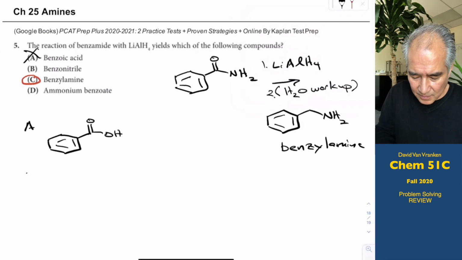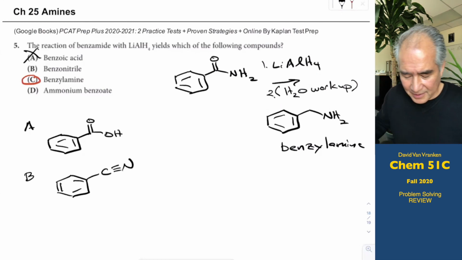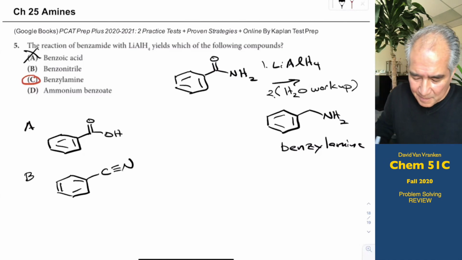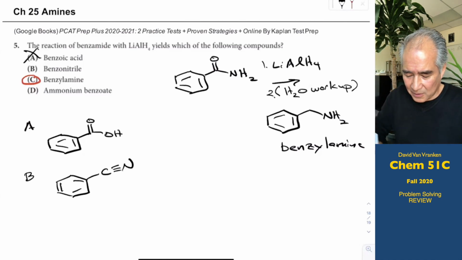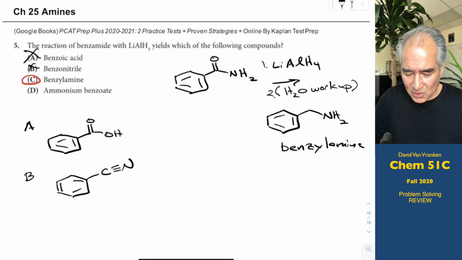The answer B is benzonitrile. It doesn't matter whether you know whether it's a benzyl nitrile or a phenyl group directly attached to the nitrile. There's no way you're going to directly reduce an amide and get a nitrile out of that. That's just plain wrong. And then finally, the last one is ammonium benzoate.